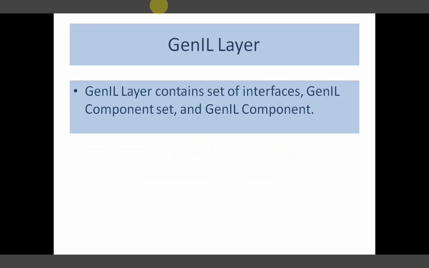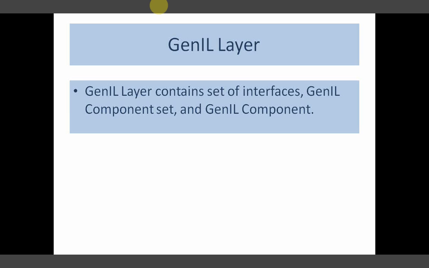What is a Genil layer? A Genil layer contains a set of interfaces, Genil component sets, and Genil components. As of now, we have seen components. A group of components will be placed in a component set.